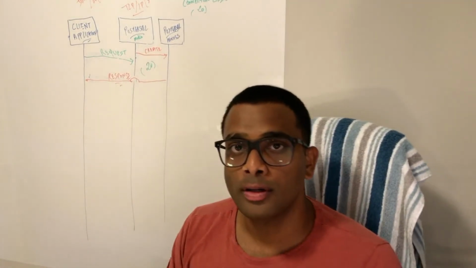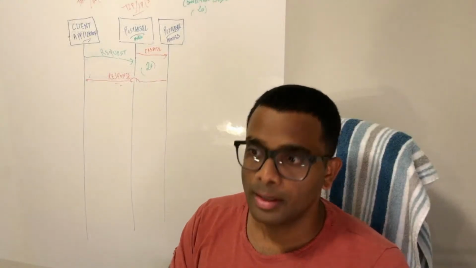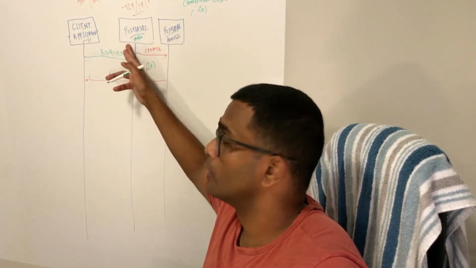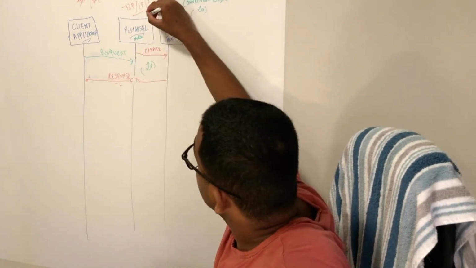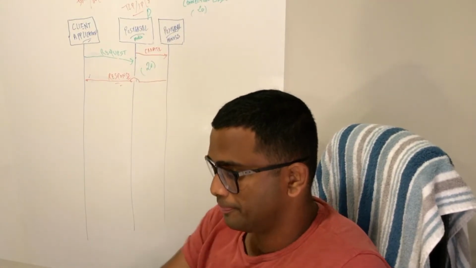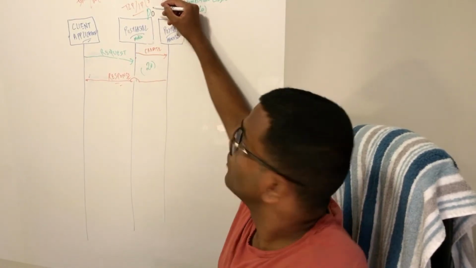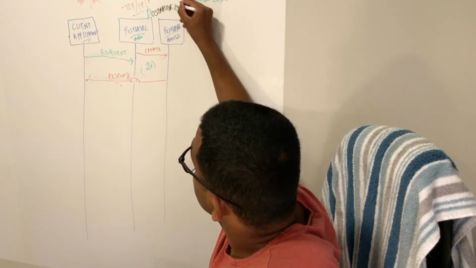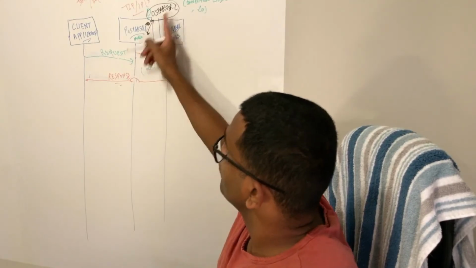In the source code, the name of this particular process, which is essentially a C program that is run, is called, drum roll, postmaster.c. So postmaster.c is mainly this program in the source code.